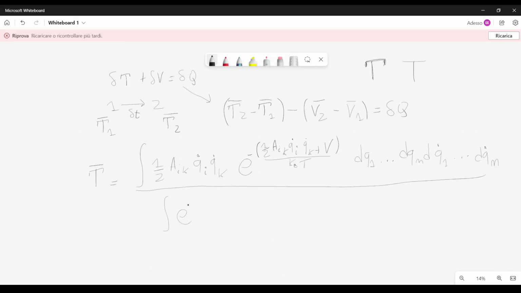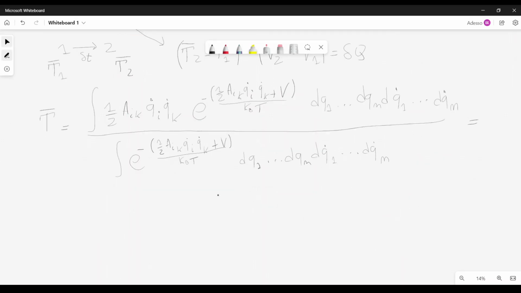In general, the distribution might not be normalized, so we have to integrate e to the minus 1/2 A_ik q dot i, q dot k plus V, divided by k_B T, dq1 ... dqn dq dot 1 ... dq dot n, like this.